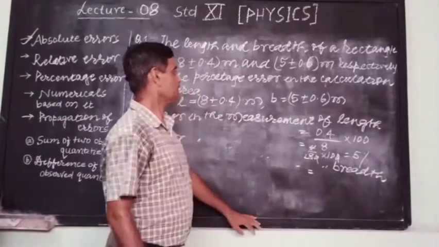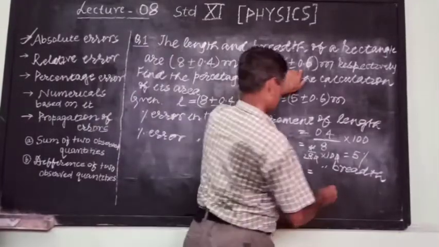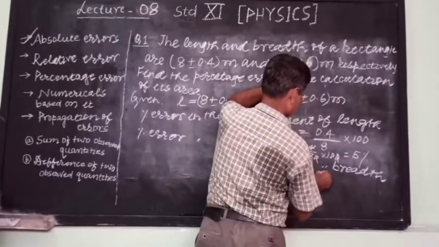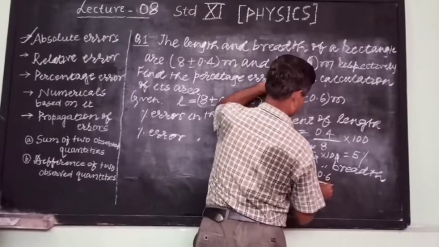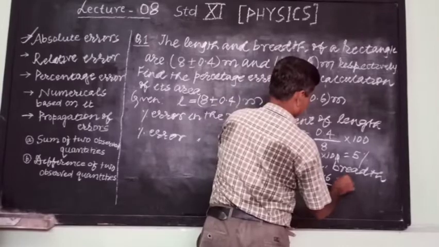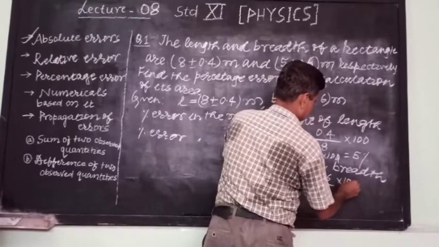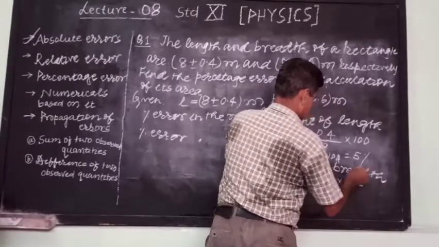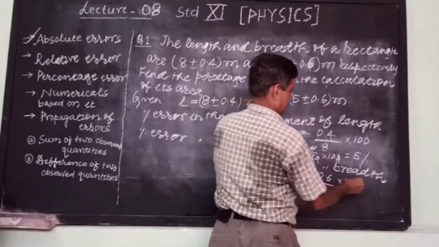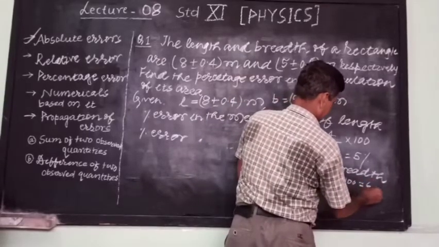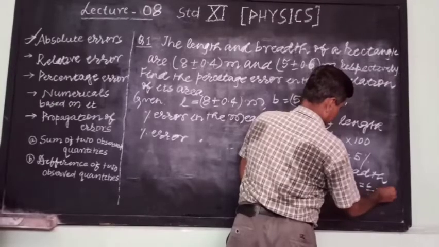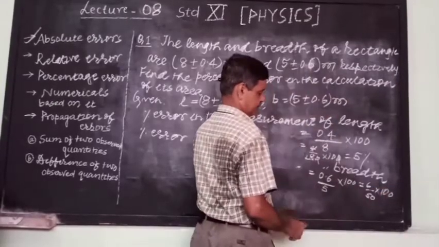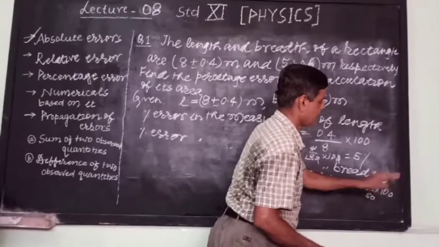In case of breadth, 0.6 by 5 multiplied by 100. You can write 6 by 50 into 100 in percent. 50 to the 100.